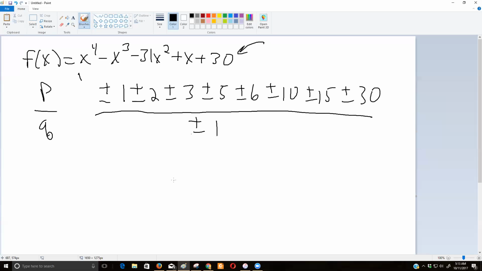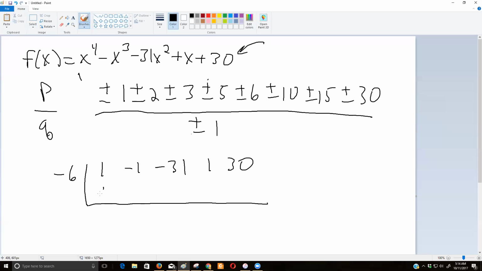So there's a lot of choices here. Which one do I want to pick? Well, suppose I didn't know that the lowest one was -5, because we looked at that graph. What if I choose to try -6, say? Let's do some synthetic division with this. So 1, -1, -31, 1, and 30.